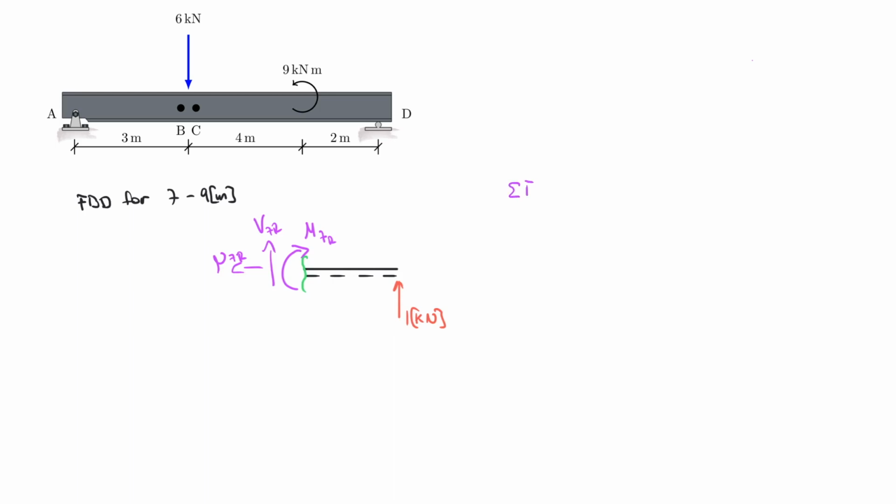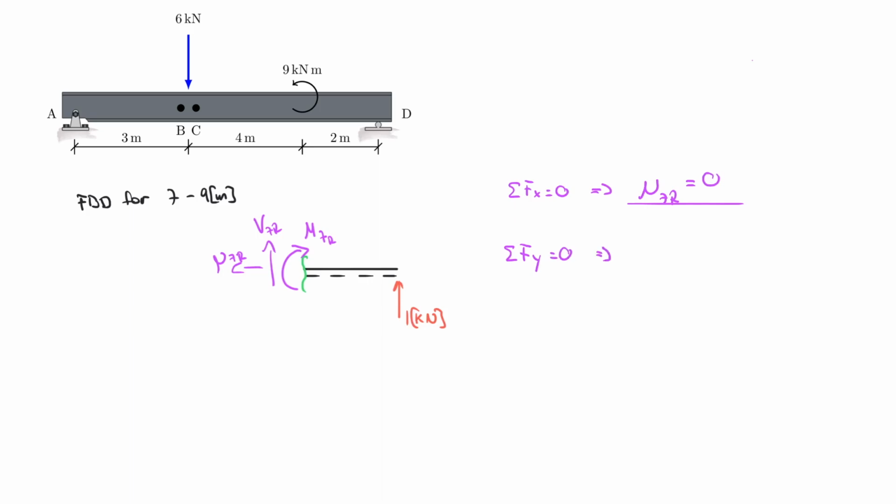For example, the sum of the forces in x is equal to 0, and that will tell me that N at 7 to the right is equal to 0. That is a result. And the sum of the forces in y is equal to 0.